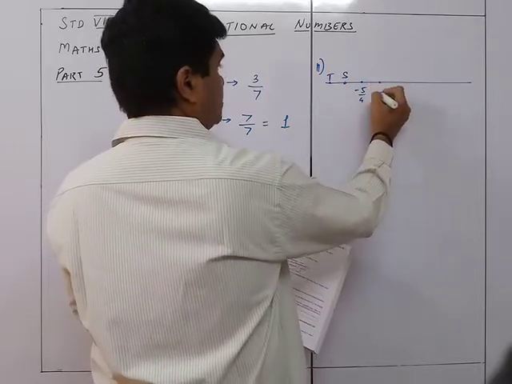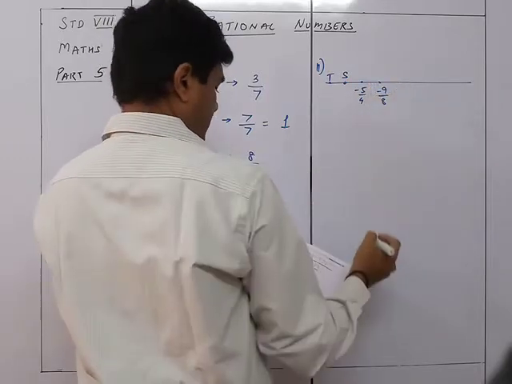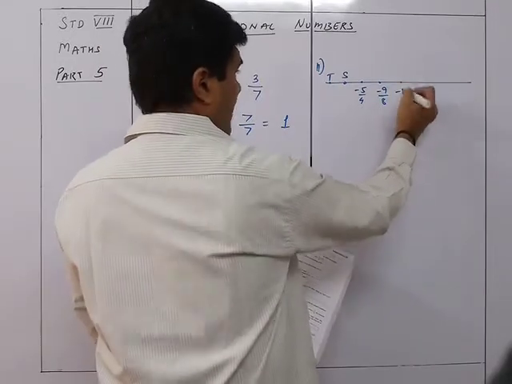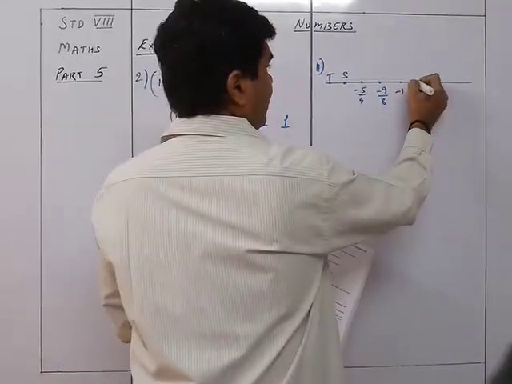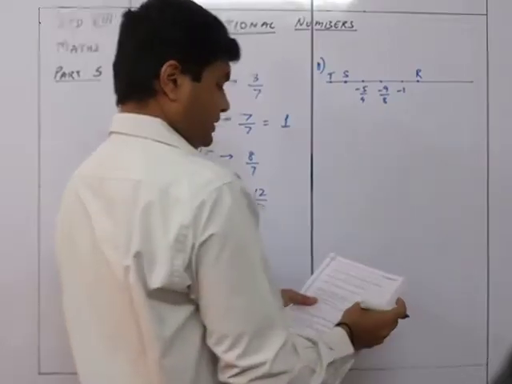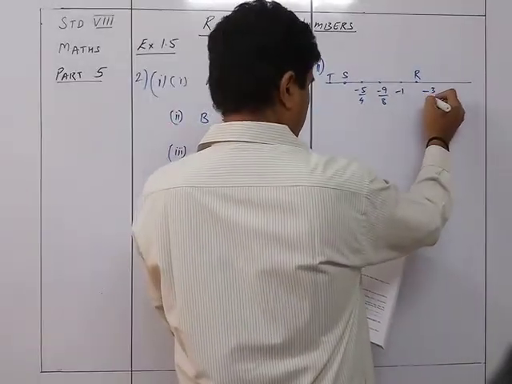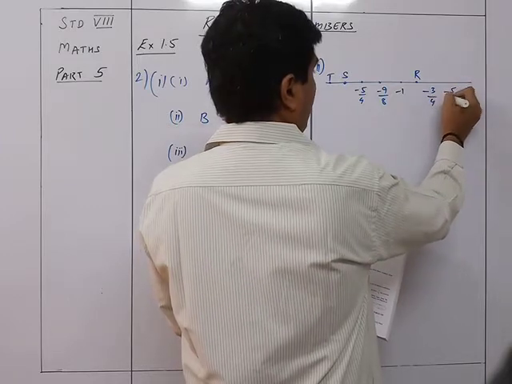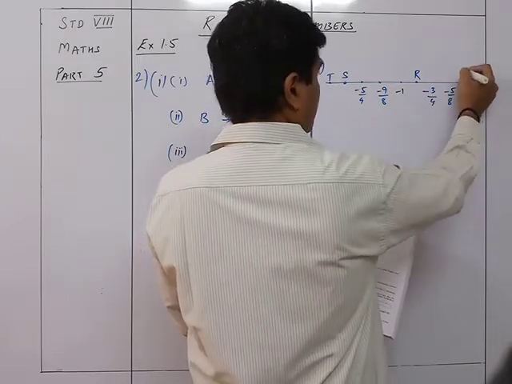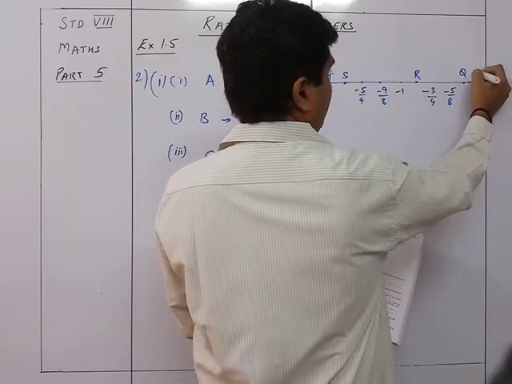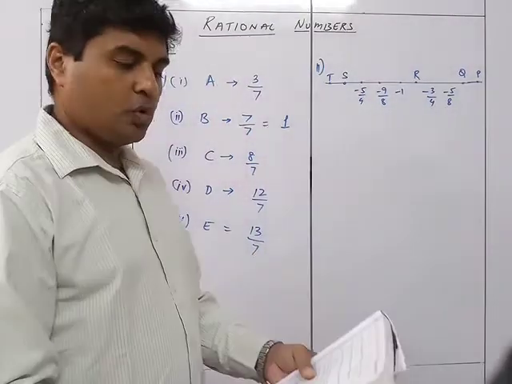This one over here is -9 upon 8. Then it is -1. Then it is R, and then it is -3 upon 4, -5 upon 8, and then it is Q, and then P, and further there is -2 upon 8.